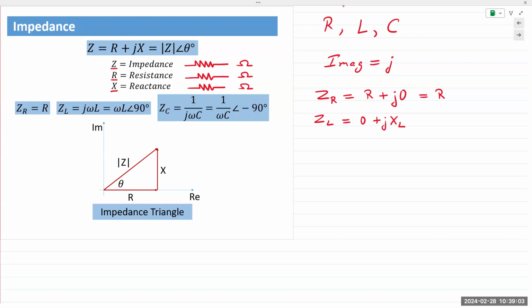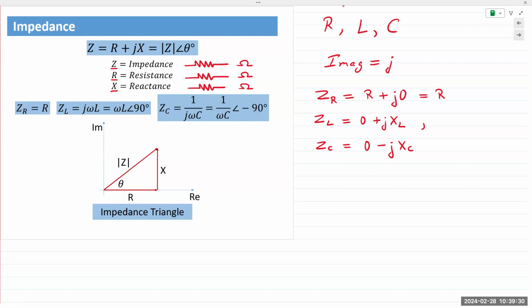So ideal inductors do not have any resistance, R equals 0. And it's the same for a capacitor. This actually is minus JXC. Minus comes from the fact that it's 1 over J. It's the reciprocal of J.